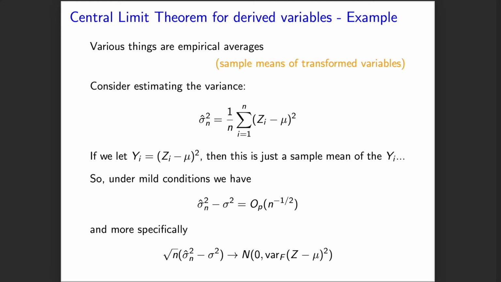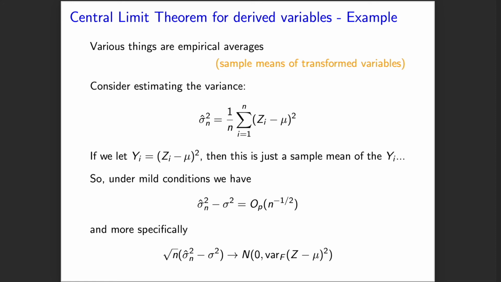So this estimator, sigma hat squared, is just a sample mean or an empirical average of these transformed or derived variables. So if we let y_i be defined as (z_i minus mu) squared, then sigma hat squared is just this sample mean or empirical average of these y_i, and each of the y_i are independent and identically distributed.